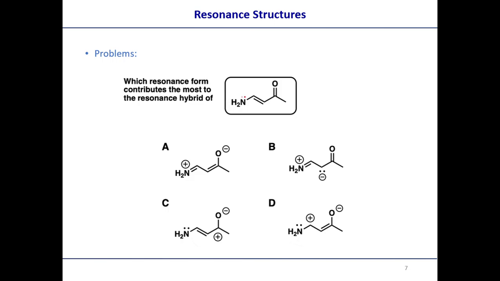So this lone pair will be shared in this way. You have to show the arrow this way. And the bond will shift this way. Arrow pushing. Then this will go like this.